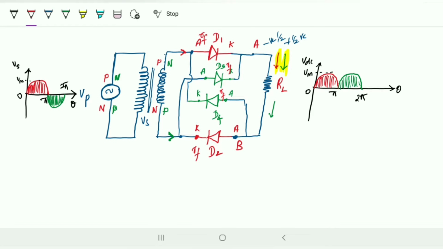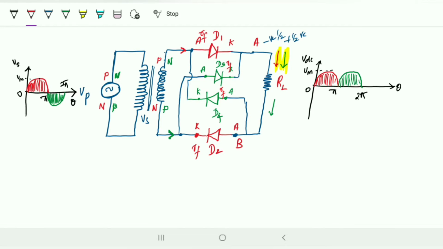Here the limits are from 0 to 2 pi, for a single secondary voltage Vs equal to Vm sin theta.